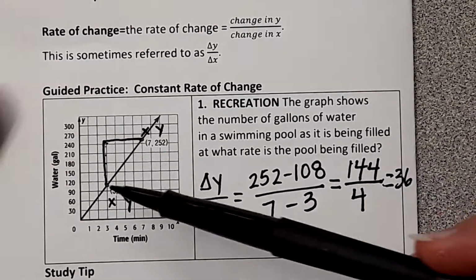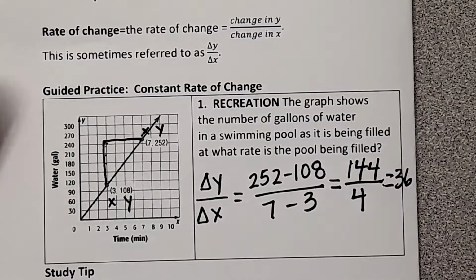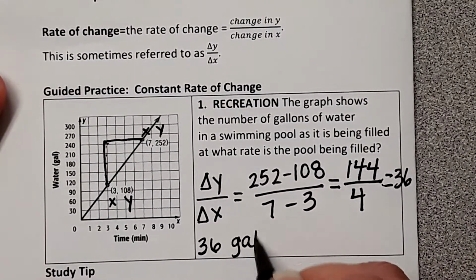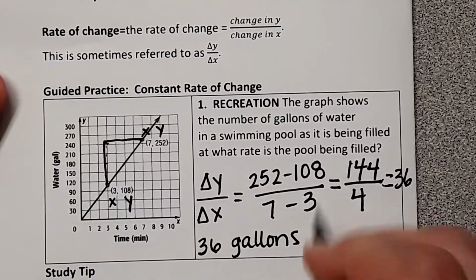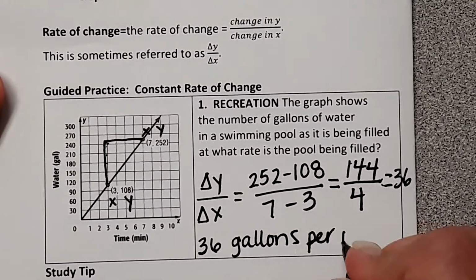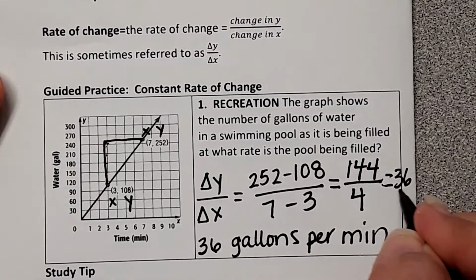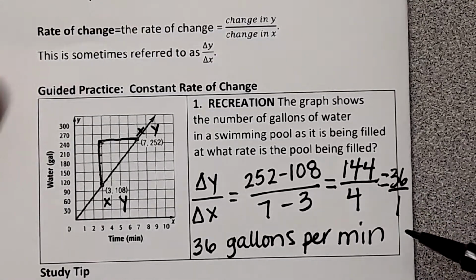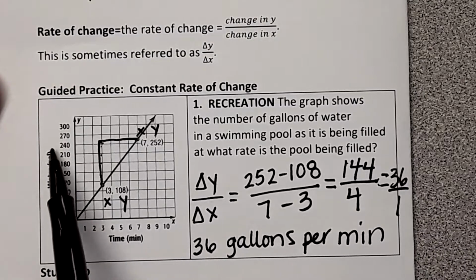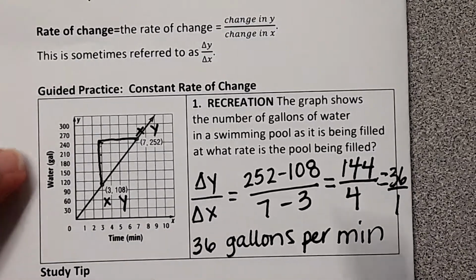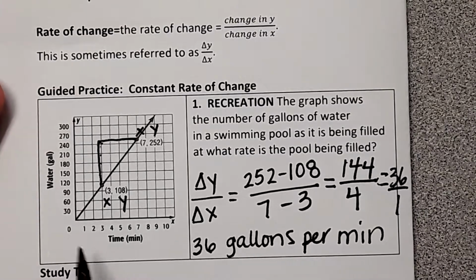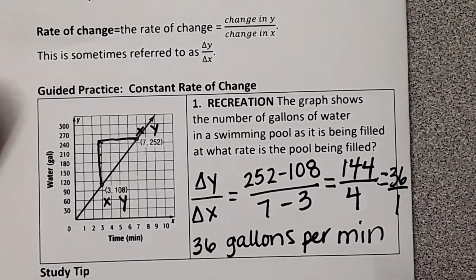So it's 36 gallons per what? Per minute. Because it'd be 36 over 1, and because it's the change in y over the change in x, the change in y is water in gallons, and your x is the time, so that's why it's per minute.